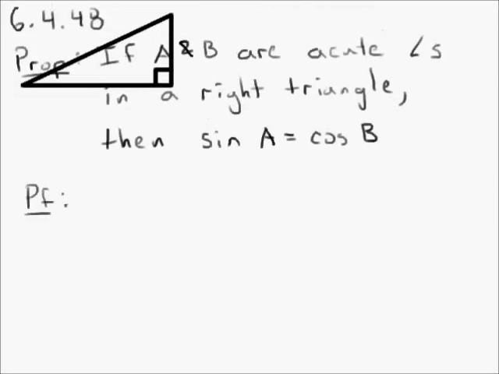Next problem. We're looking at number 48, section 6.4. If A and B are acute angles in a right triangle, then sine of A is equal to cosine of B. Okay.